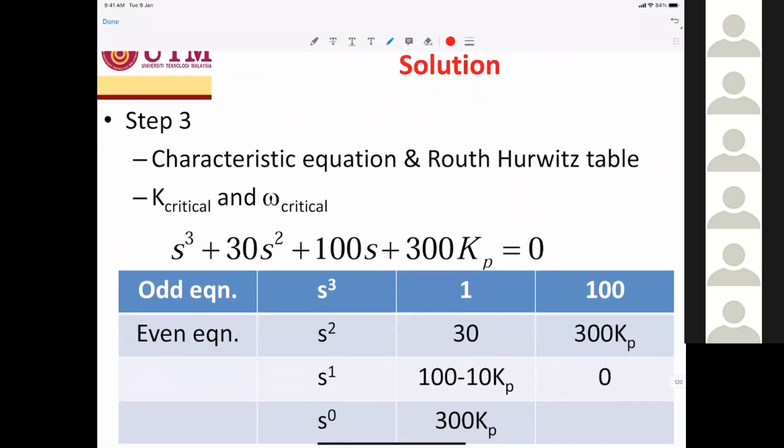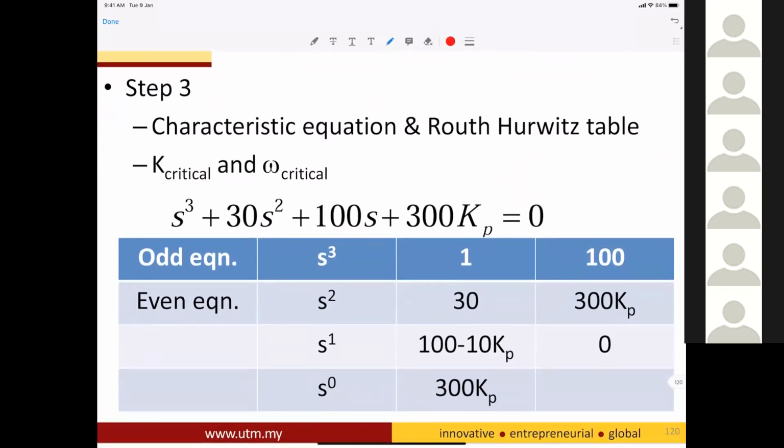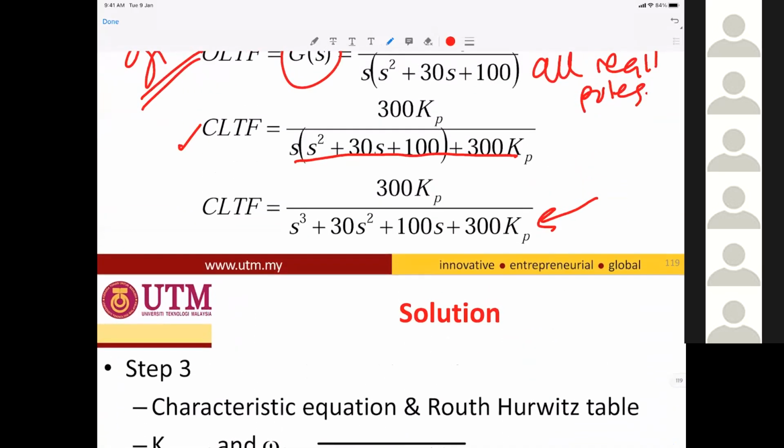Step number 3. From the closed loop transfer function here, if we equate this to 0, it becomes the characteristic equation. Can everybody say characteristic equation?